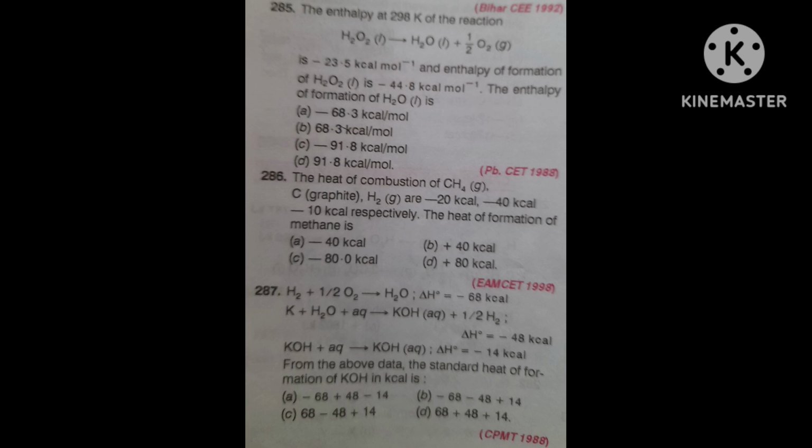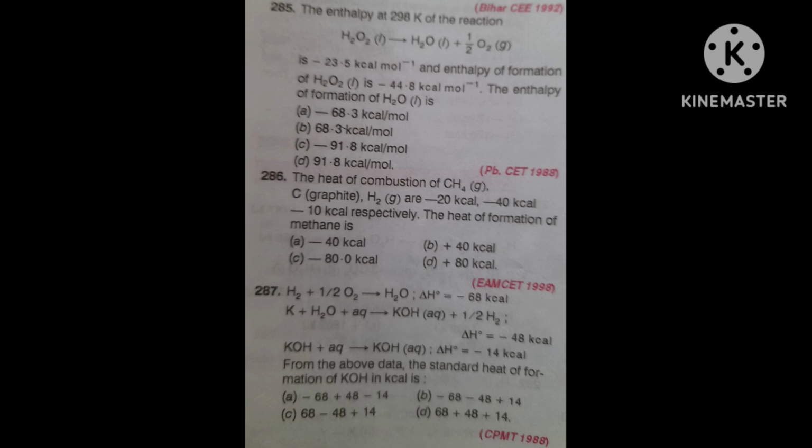By solving these things you will get the delta H value, that is minus 40 kilocalorie. You have to calculate the heat of combustion of CH4.